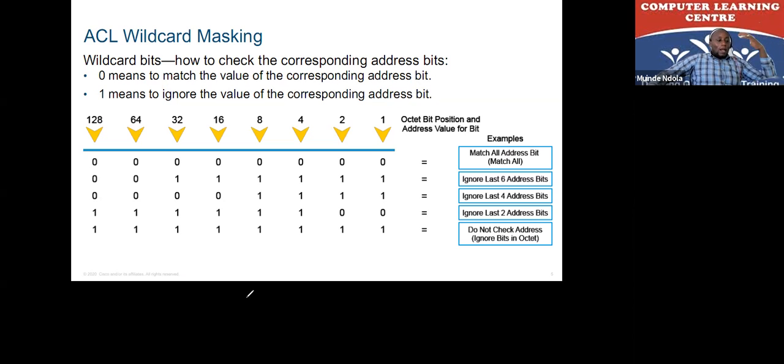Now with the wildcard mask, it's the opposite, whereby 0 means match, and where you have 1, that is the on bits, it means don't match. So in short, it says ignore the value on that octet.